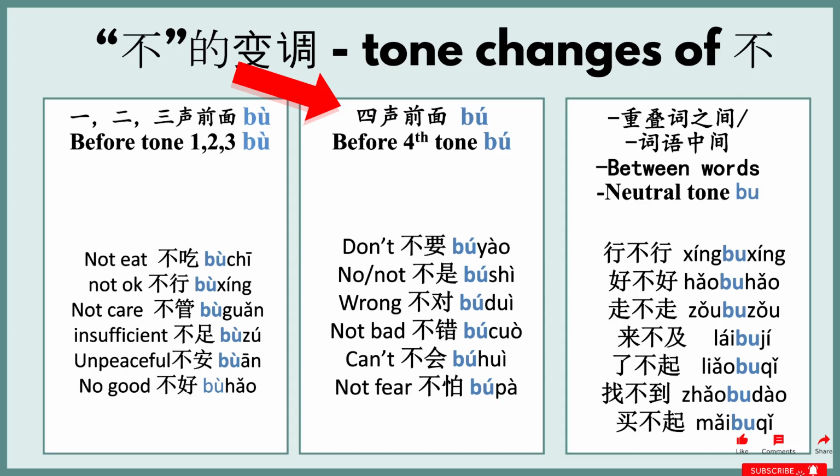In these cases, as you can see, 要, 是, 对, 错, 会, 怕, all of them have fourth tone.